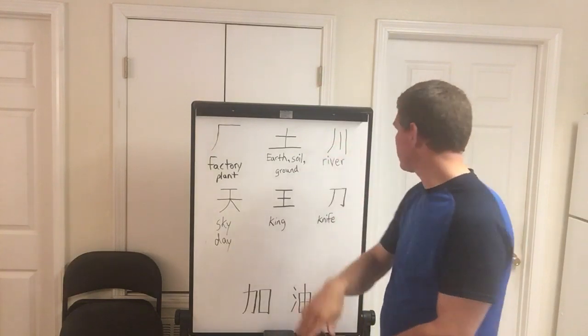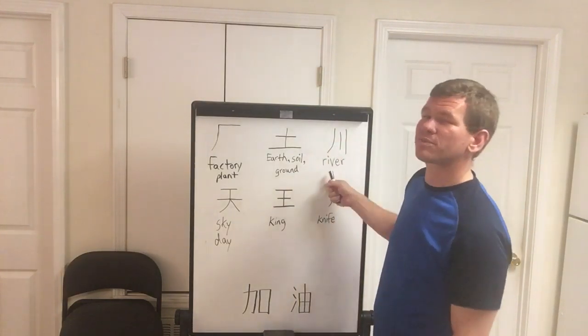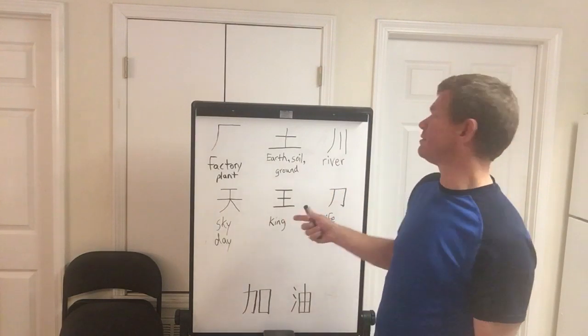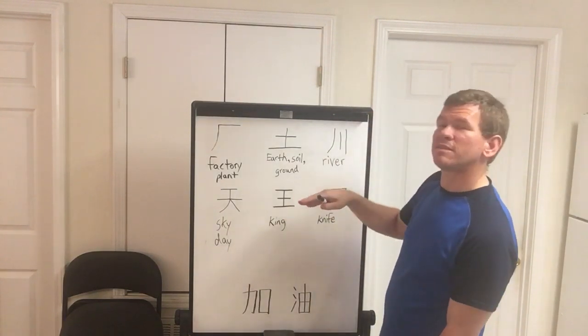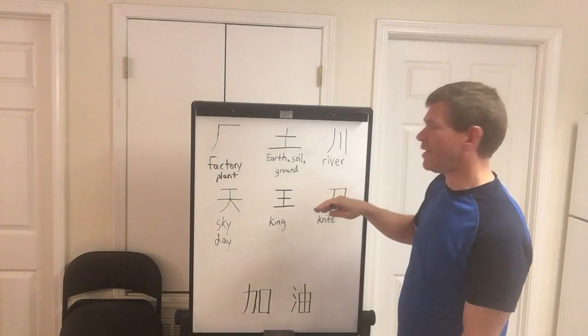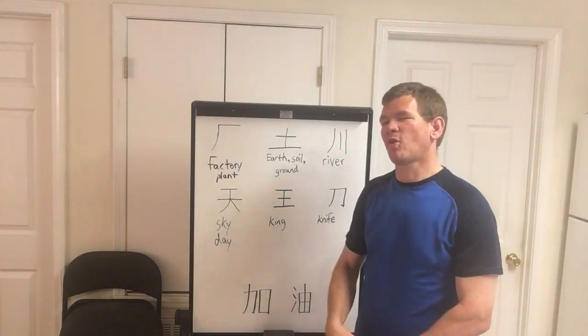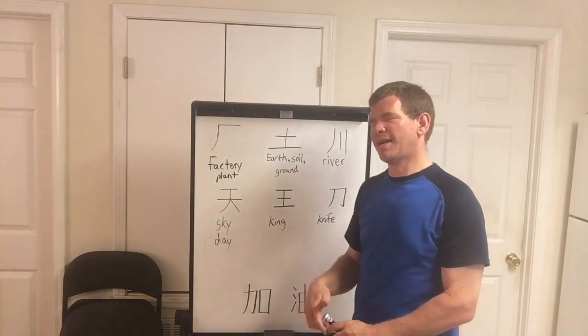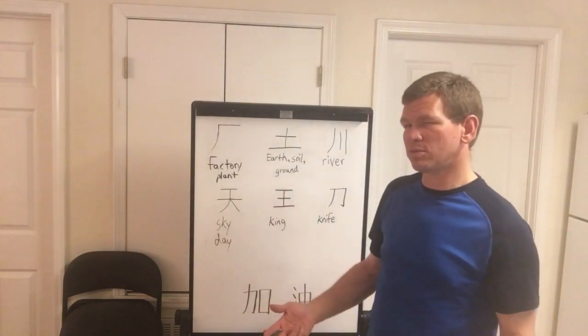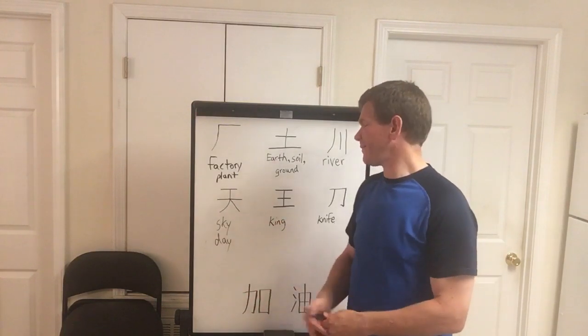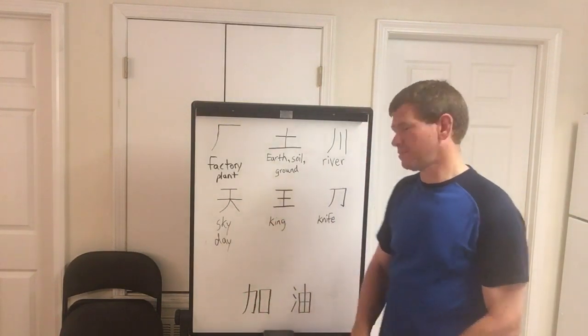It's only 3 strokes. The next one is river. 3 strokes as well. It kind of has a little bend to it on the bottom left. So, river. Number 4. Day, as in today, tomorrow, yesterday, or sky.